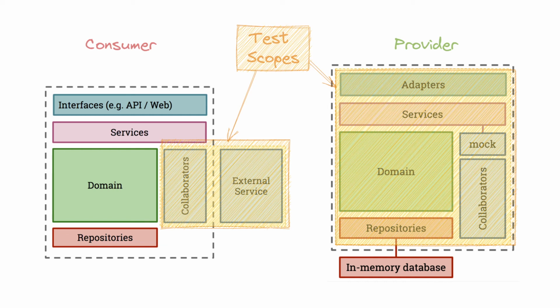But for providers, the test scopes are wider and include all flow from entry API points to repositories with mocking a database or using a real database. So this looks more like complex integration testing. So we see a conceptual difference between CDC testing for consumer and provider. We use lightweight unit tests for consumers and heavy integrated tests for providers.